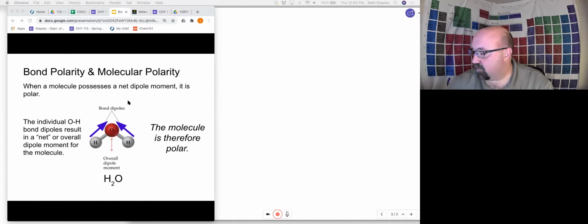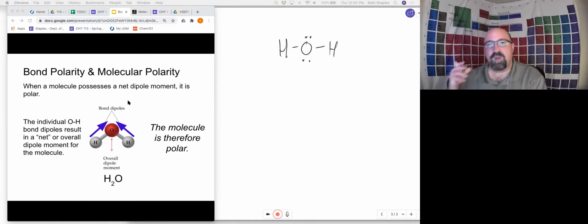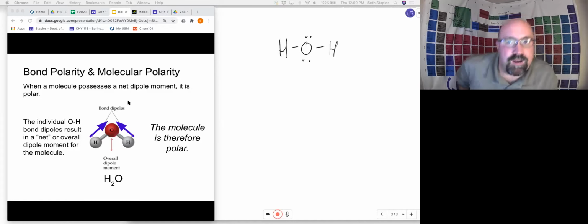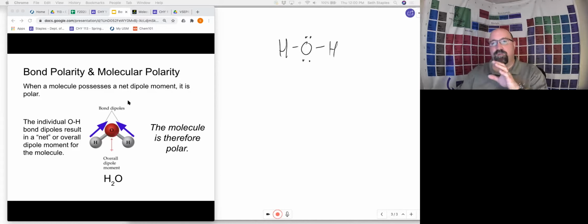So in water, remember our Lewis structure just looks like this. When determining bond polarities, what we want to do now is move away from the Lewis structure and not even bother to draw in the lone pairs. So this is our correct Lewis structure for water. We have to have the lone pairs if we're looking at just the Lewis structure to determine our electron and molecular geometries.